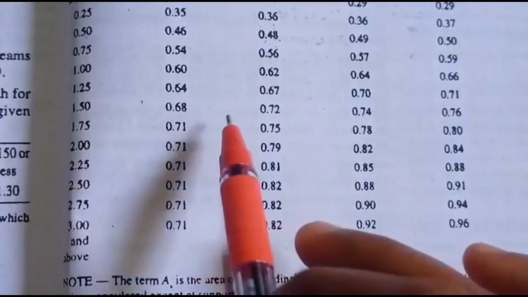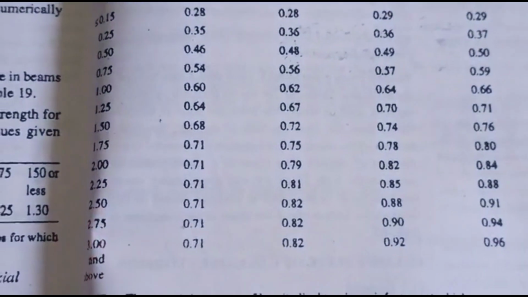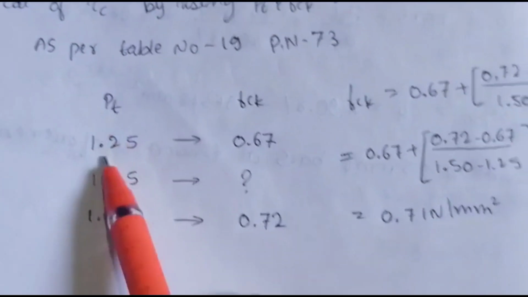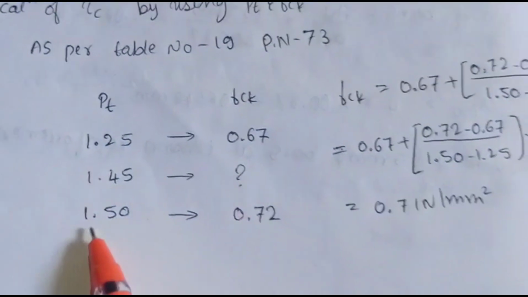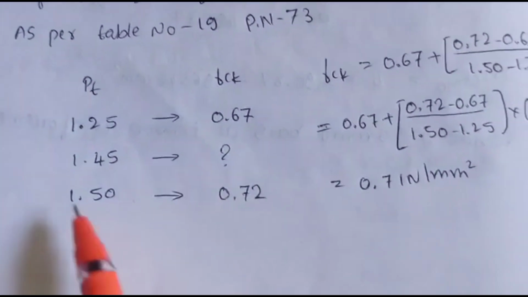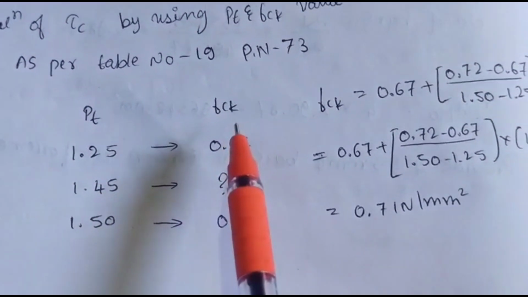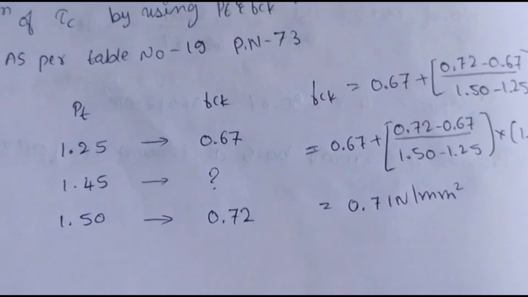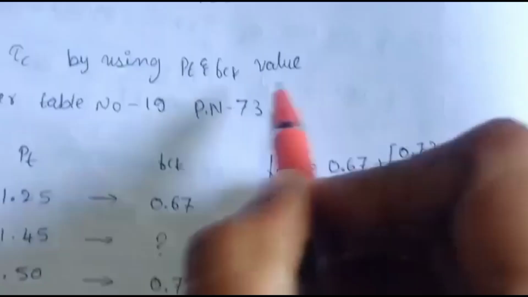So we'll do the interpolation, we'll get the tau c value. Now we need to calculate what's the value of tau c for 1.45.